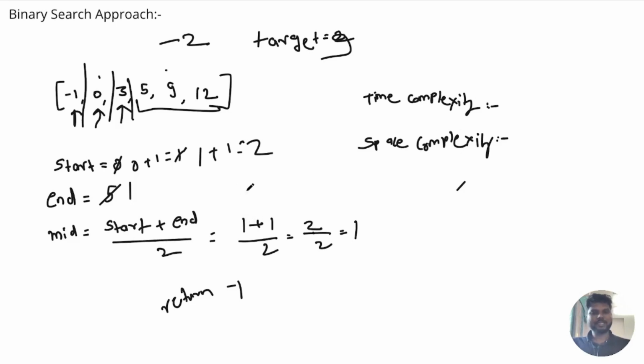Okay, and there is actually a very long proof which says that if you are discarding half of your array in each of the iterations, the time complexity becomes O of log n. Okay, so that's the time complexity because we are discarding half of the array every time in this algorithm. Okay, and what's the space complexity? As we are not using any extra space, the space complexity becomes O of 1.